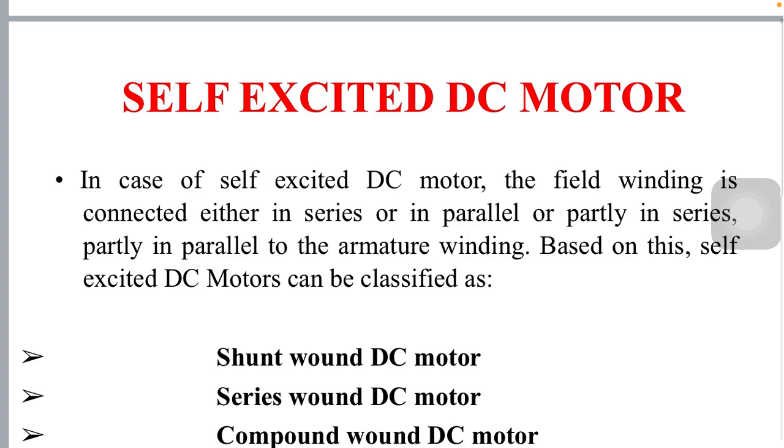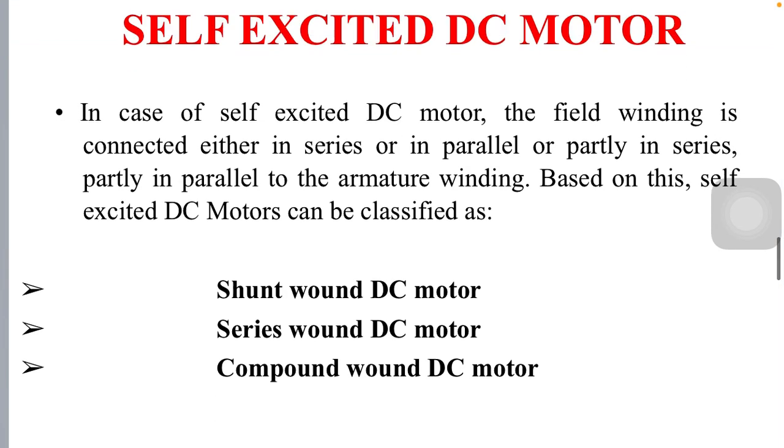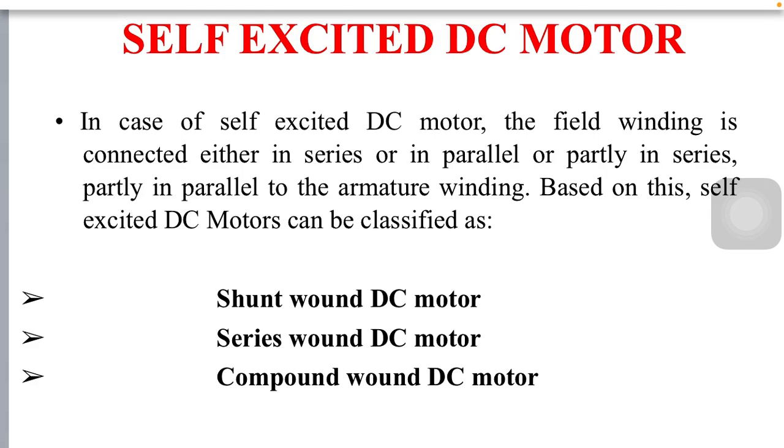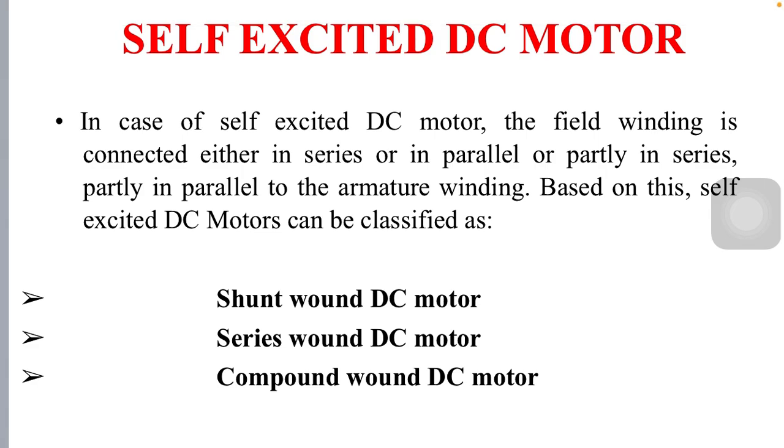Now the self-excited motor. In a self-excited DC motor, the field winding is connected either in series or in parallel. In the series motor, armature and field are in series. In the parallel shunt motor, armature and field are separate branches.